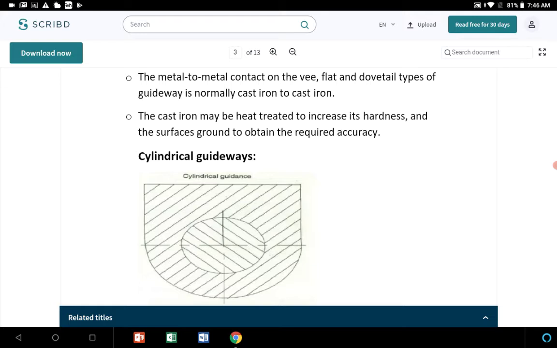Here, of course, metal to metal contact will be there in V, flat, dovetail, etc. The metal to metal contact on the V, flat, dovetail type guideways is normally cast iron to cast iron. The cast iron may be heat treated to increase its hardness, and the surface is ground to obtain the required accuracy.